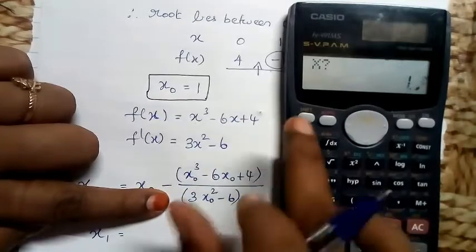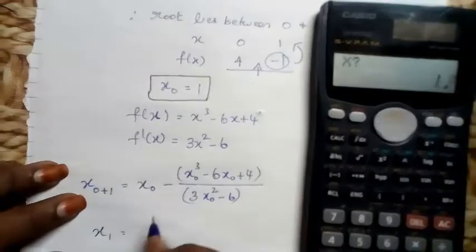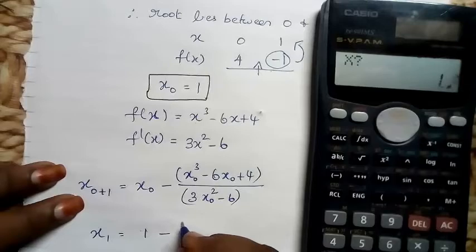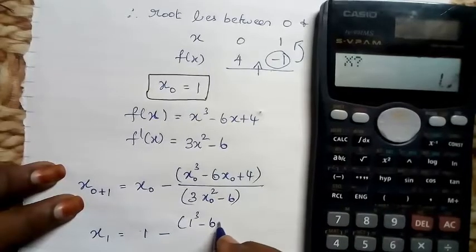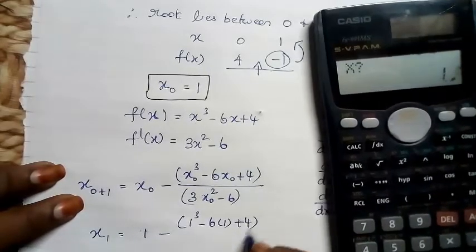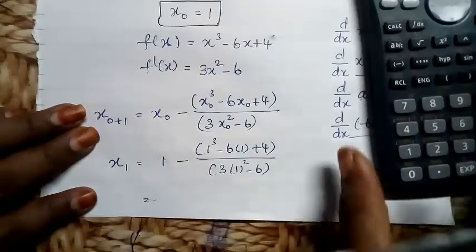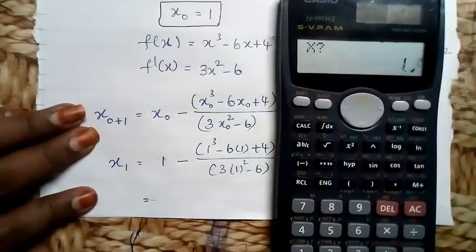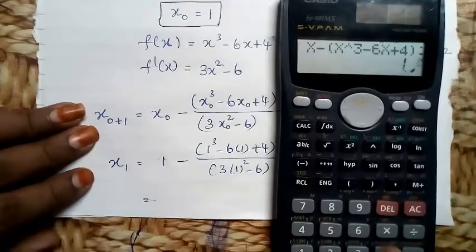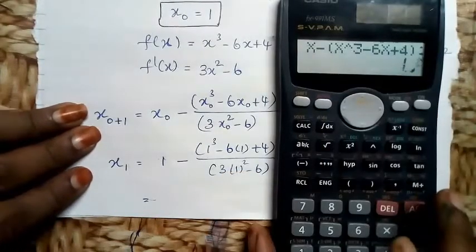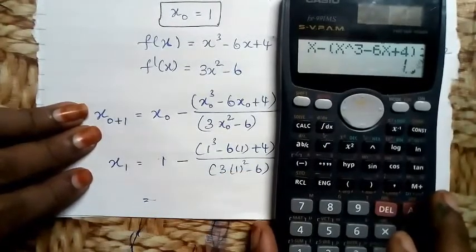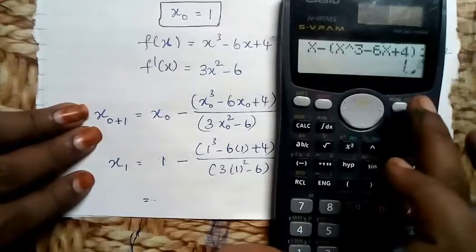Now it is asking for the x value. So enter the values. It is 1 minus (1 cube minus 6 into 1 plus 4) divided by (3 into 1 square minus 6). Give the x value as 1, equal to. The answer is 1. But in our question they have asked it to be correct to 5 decimal places.